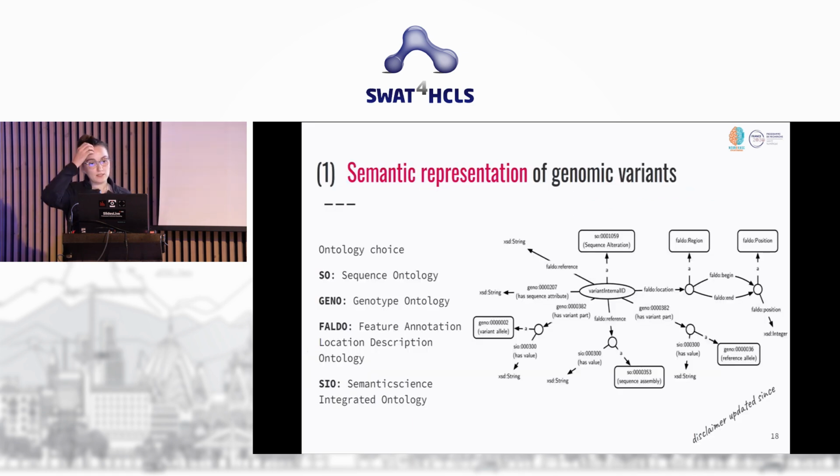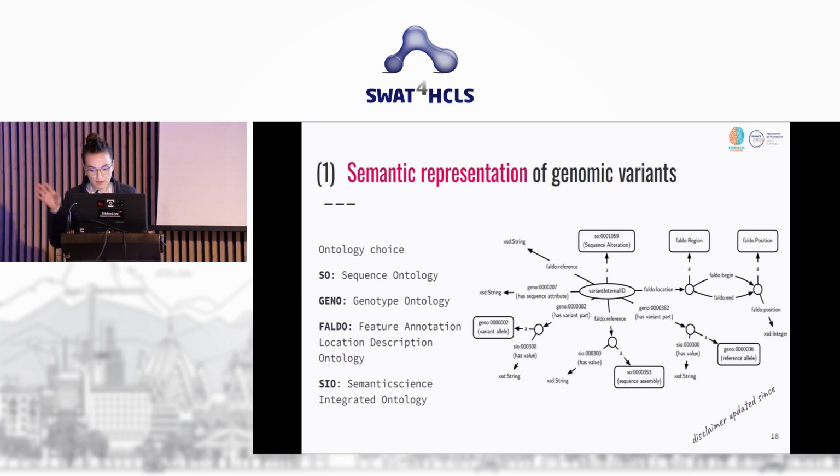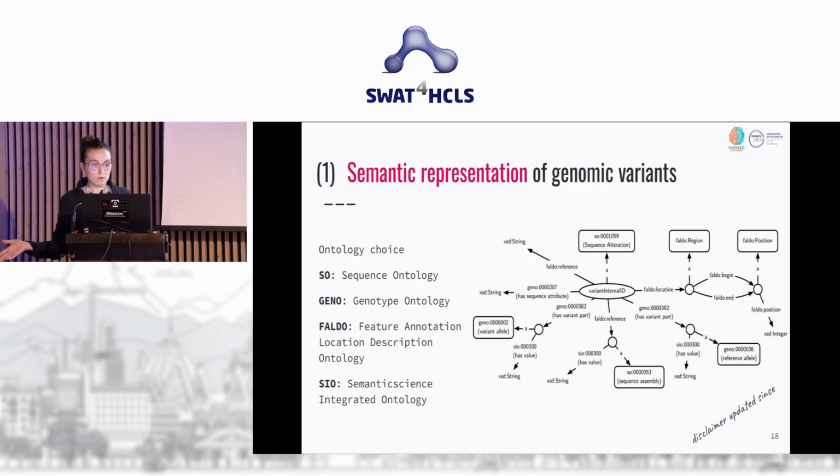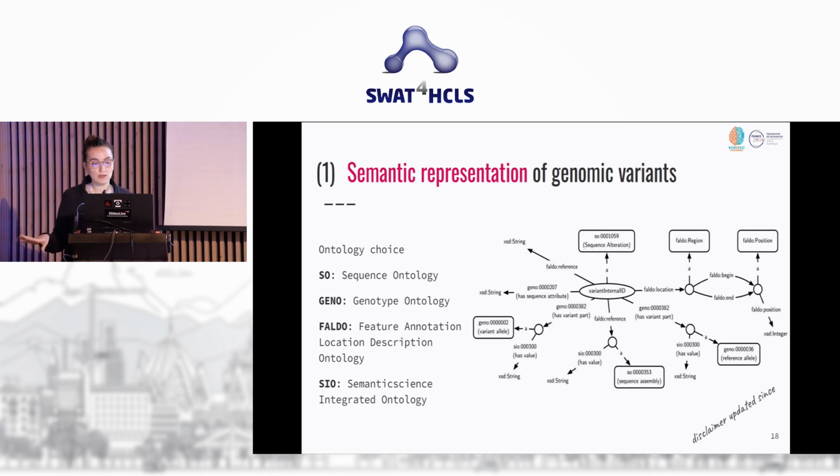First of all, the semantic representation of genomic variants, we thought about a data schema. Disclaimer, it was quite updated since submitting the paper. So we used popular expert domain ontologies such as Sequence Ontology and Genotype Ontology to actually represent the variant and its alleles.